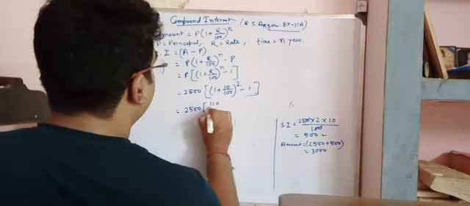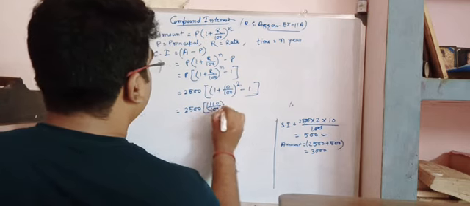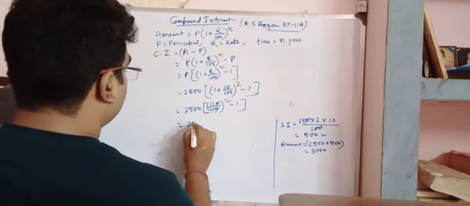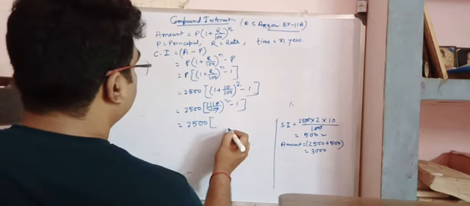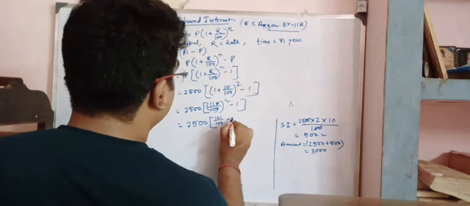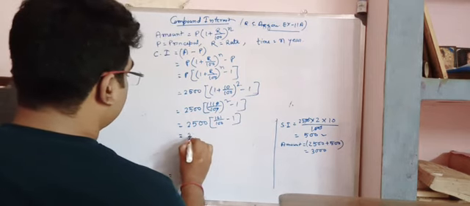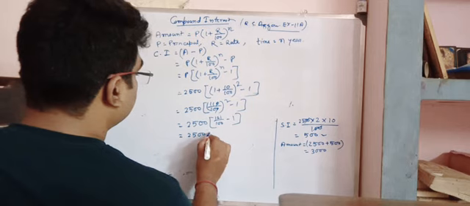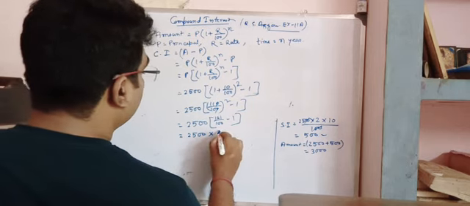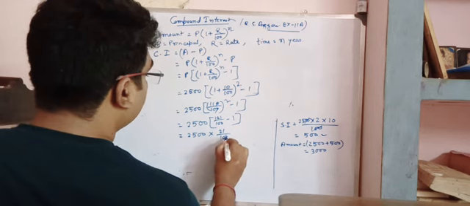This is 110 by 100. If we compute that, we are getting 21 by 100.